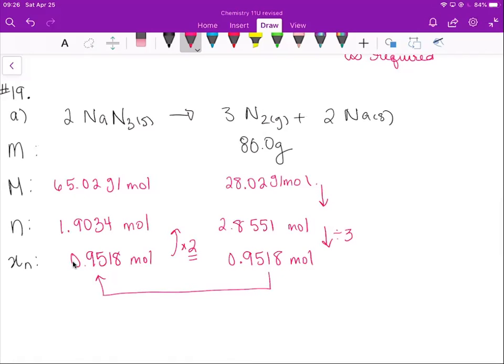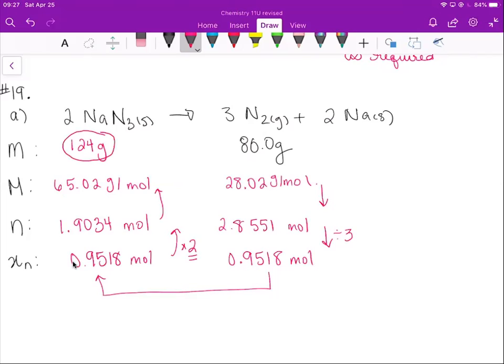What that represents is if I want to produce 80 grams of nitrogen gas, I have to have 1.9034 moles of sodium azide. Now, moles are nothing to you, right? You can't quantify them. So we're going to multiply it by the molar mass, and I get 124 grams. That is very understandable for you.